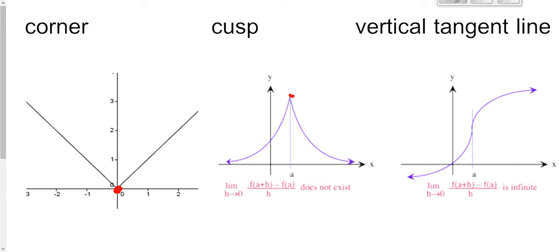Same thing here. The only distinction between these two vocab words has to do with whether you have straight line segments meeting, then we say corner, or curvy chunks of graph meeting, then we say cusp. Vertical tangent line is what it sounds like. It's a line that is tangent to the graph, yet the line itself is vertical, and vertical lines have undefined slope, and since derivatives are slopes, the derivative isn't defined there.